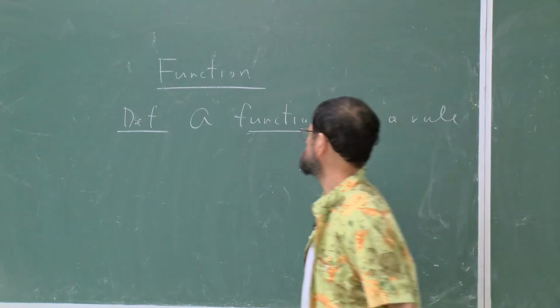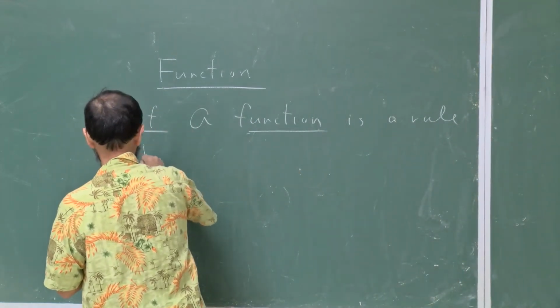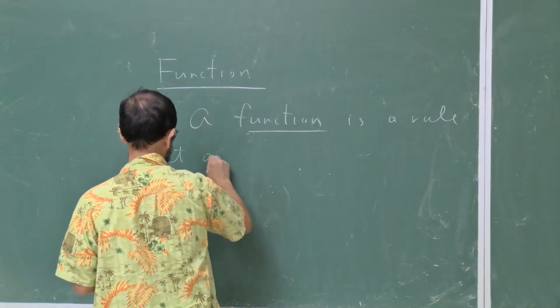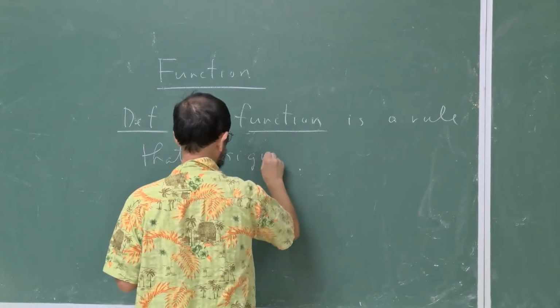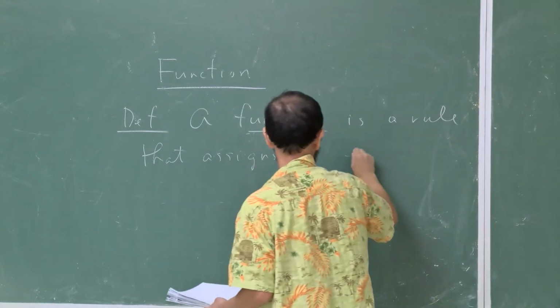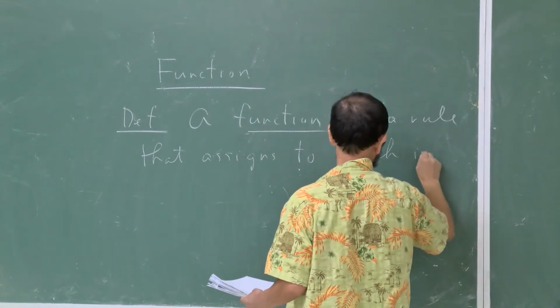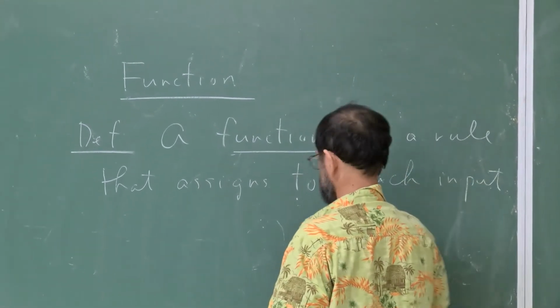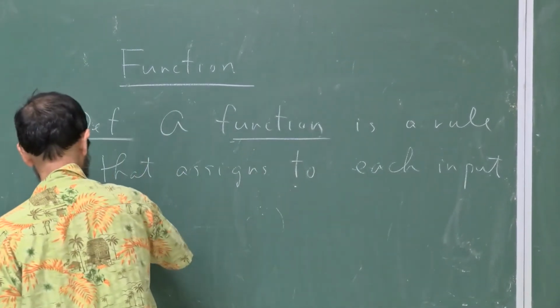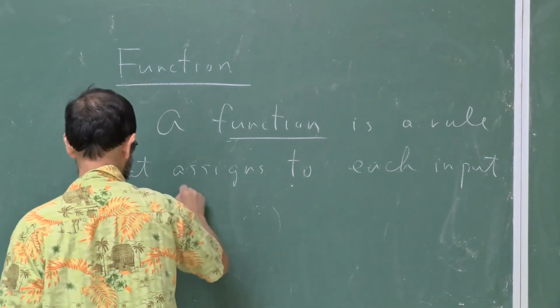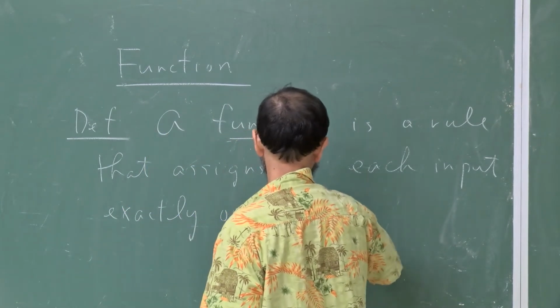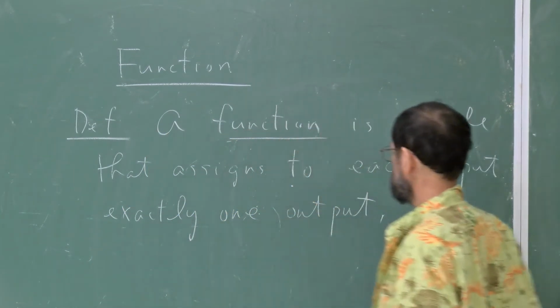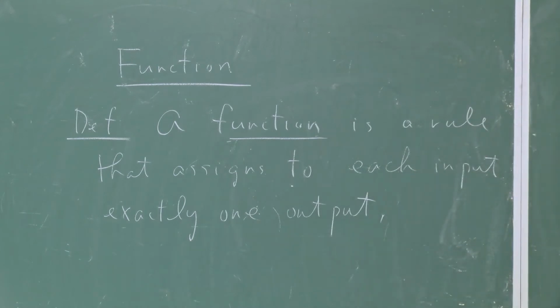A function is a rule. A function is a rule that assigns to each input exactly one output.